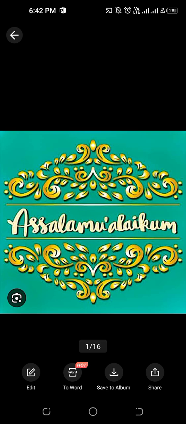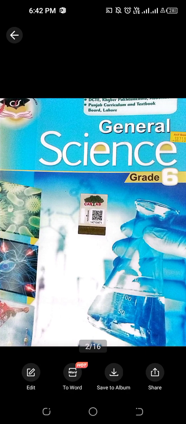The topic that we are discussing today is of class 6. So this is your book for grade 6 general science, published by Cantab. The chapter that we are going to study is Sense Organs, on page number 20 in your books.